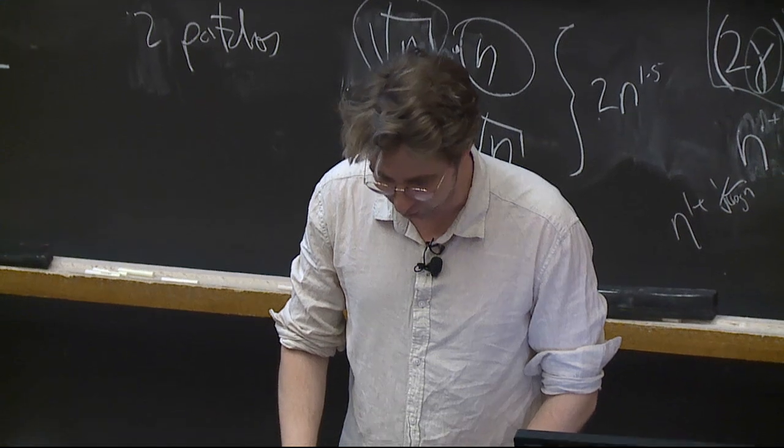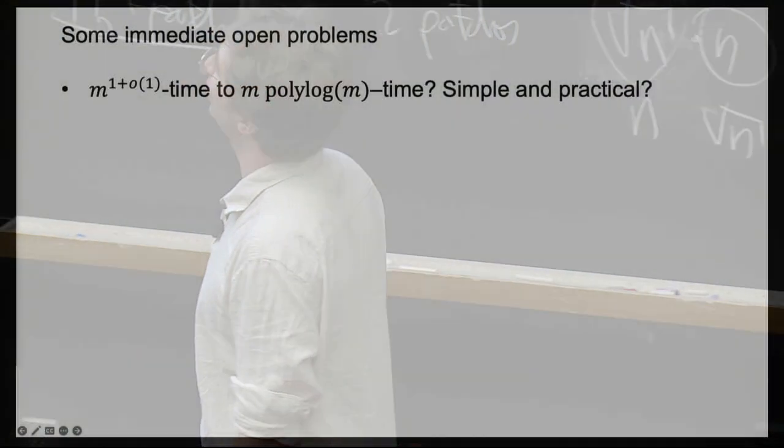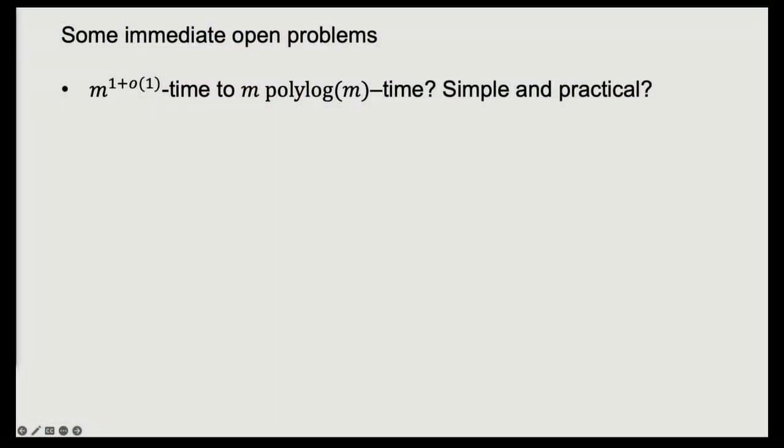Okay, so let's have some open problems. The obvious one is make this m to the 1 plus little o(1) into m polylog m. And I wrote simple and practical. I think it's worth stepping back for a second and remembering that, unfortunately, none of the algorithms we're talking about in this whole week work, right?